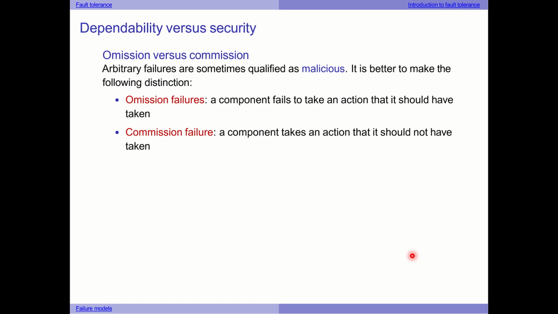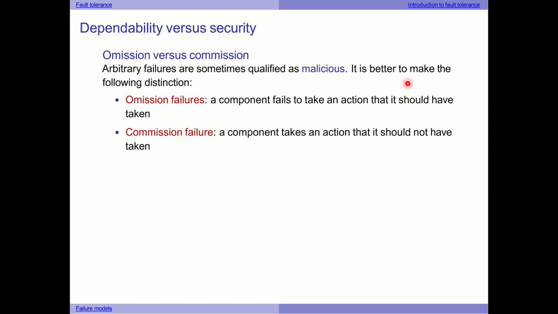Arbitrary failures, the last failures that I have mentioned, are sometimes qualified as malicious, meaning malicious is about the catastrophic effect, how damaging it is. So it can be less damaging, but it could also be very damaging.